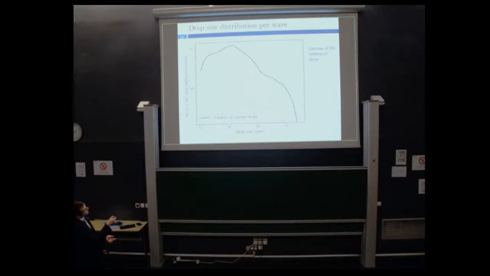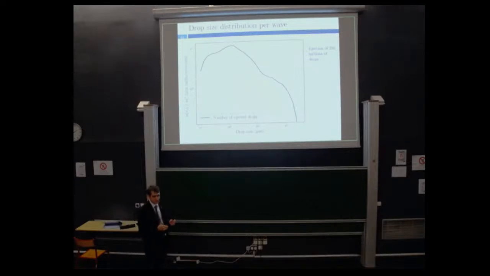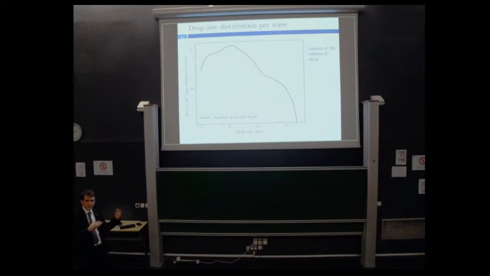And then, as you increase the droplet size, you are decreasing the number of ejected droplets. In total, from our breaking wave, we are producing approximately 250 million droplets. This is actually quite a lot, since we produce only 20 millions of bubbles. So I will come to that later.